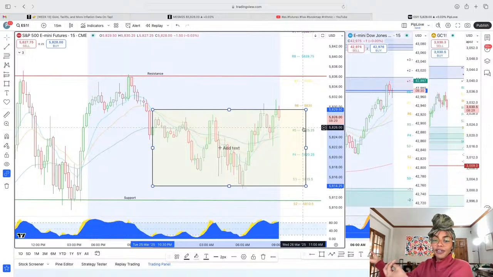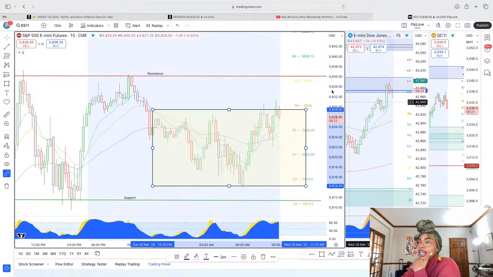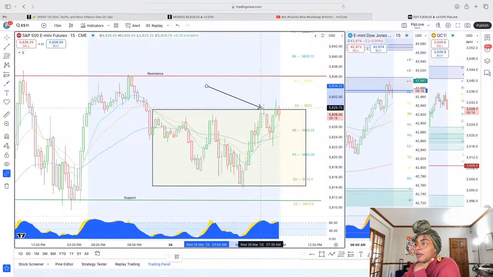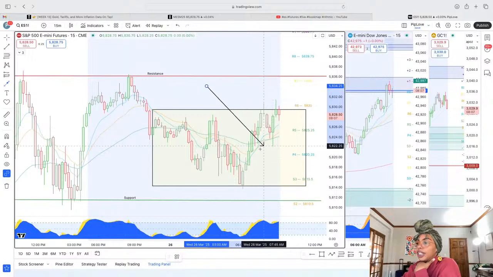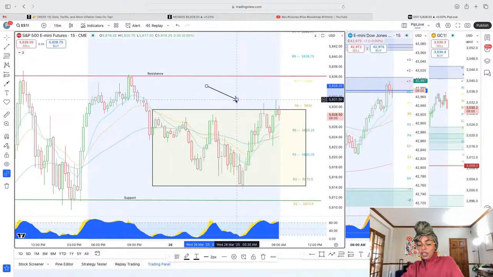That's not enough for confirmation. We want to make sure there's a candle close above or below that area. Right now, this is just those wicks. This is just buyers trying to push price a little higher. And even though we do have this cross here, we need that confirmation because we are oversold. So we don't want to get tricked in a trade.